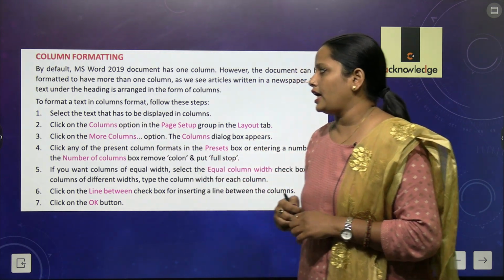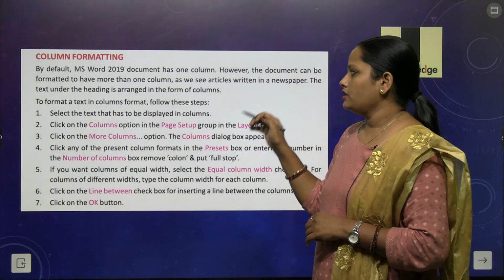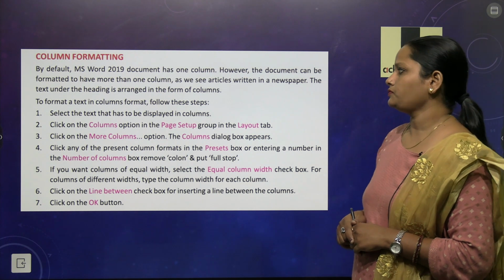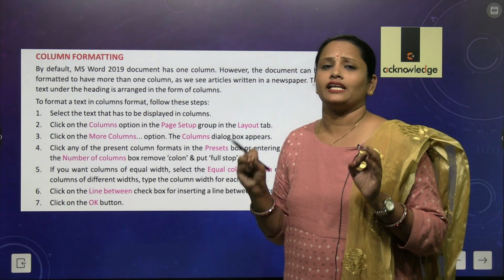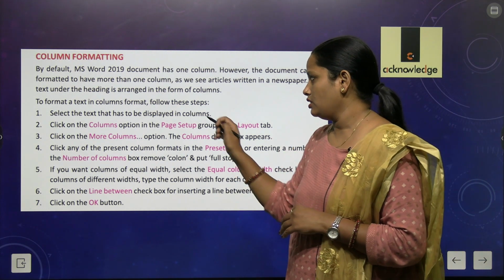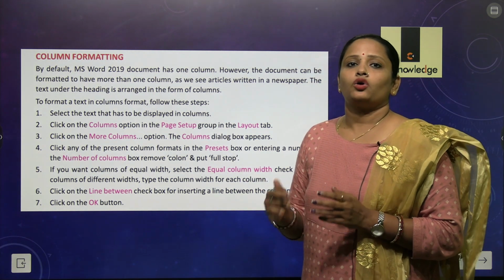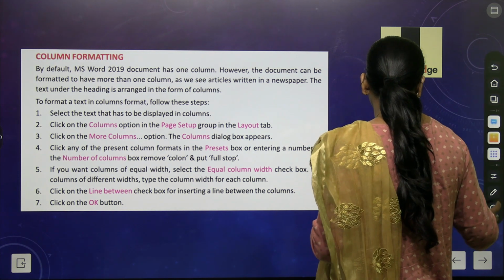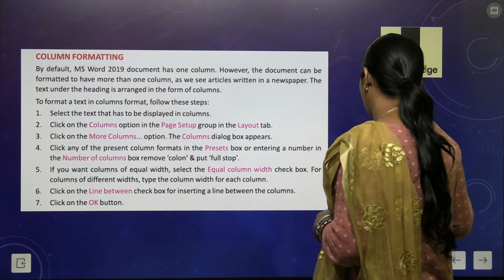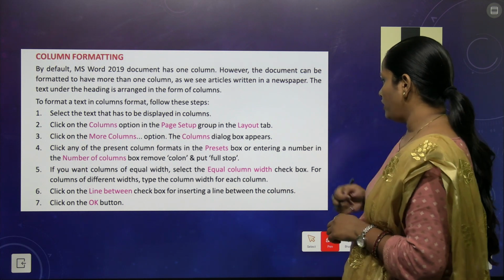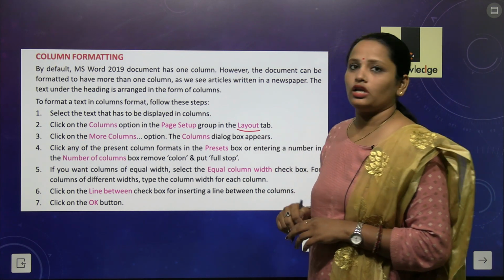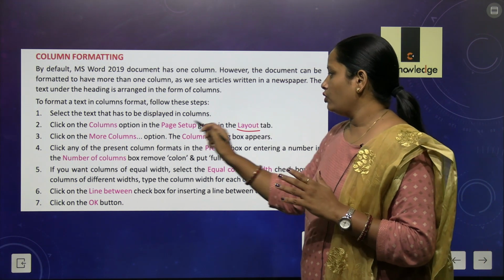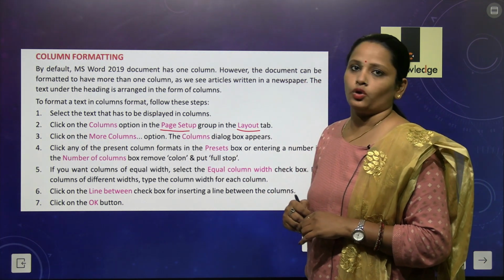To format our text in columns, follow these steps. These are the steps that are to be followed. First, we have to select the text that has to be displayed in column form. Next, we have to go to the Layout tab, and in the Layout tab, to the Page Setup group.